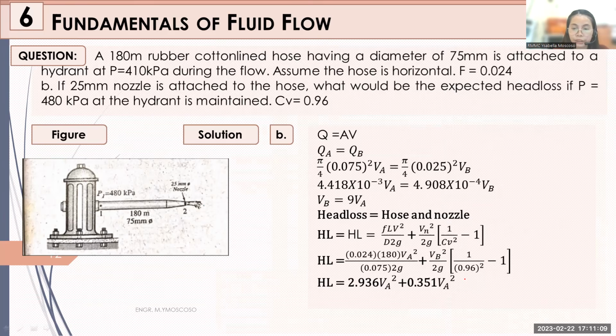That is 2.936. Okay, that is for VA. How about for the other one? So you will have 1 over 2 times 9.81, times 1 over 0.96 squared minus 1. That is 4.333. Okay?